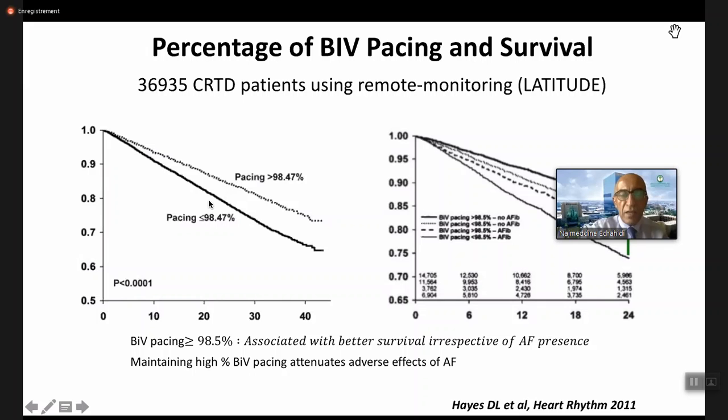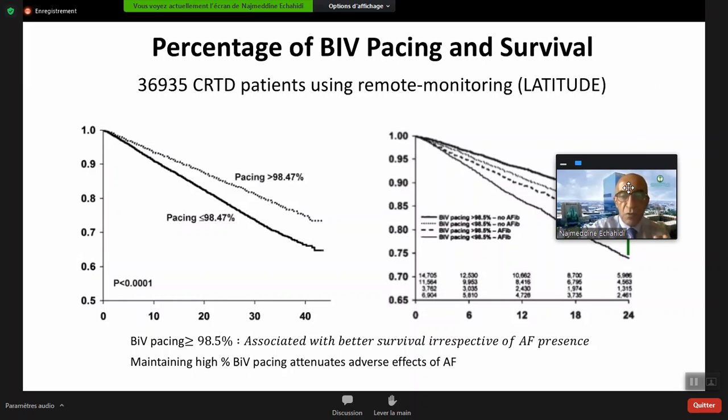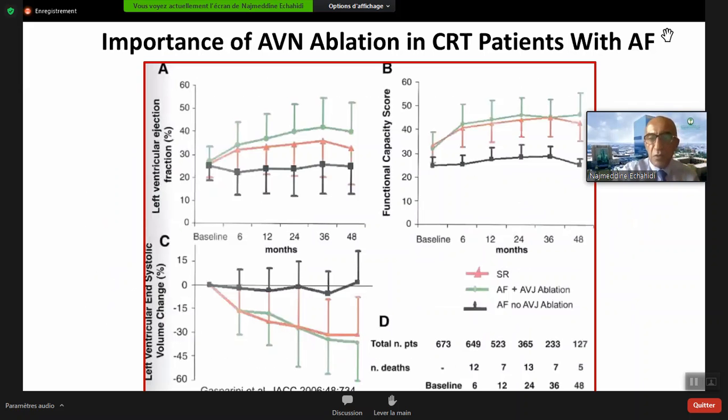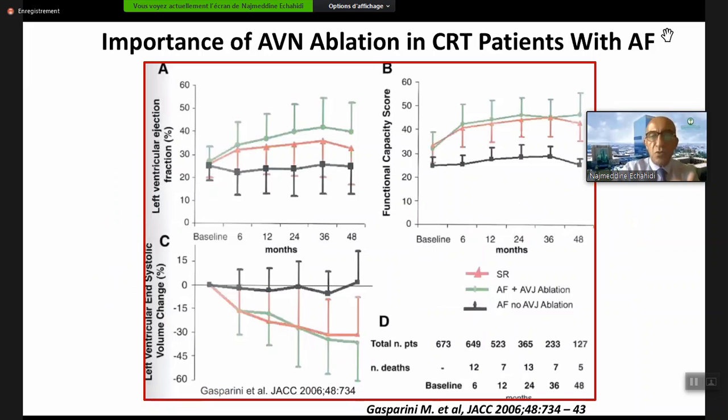You see here, even if it is less than 80% of the time, the outcome will be negatively impacted. And in patients with atrial fibrillation, if we are able to ensure 98% of the time, the outcome finally is not too bad, because maintaining a high percentage of biventricular pacing, for sure, will attenuate the adverse effects of atrial fibrillation. If we are not able to control the fast ventricular response in patients presenting with atrial fibrillation, it's better to ablate the AV node junction.